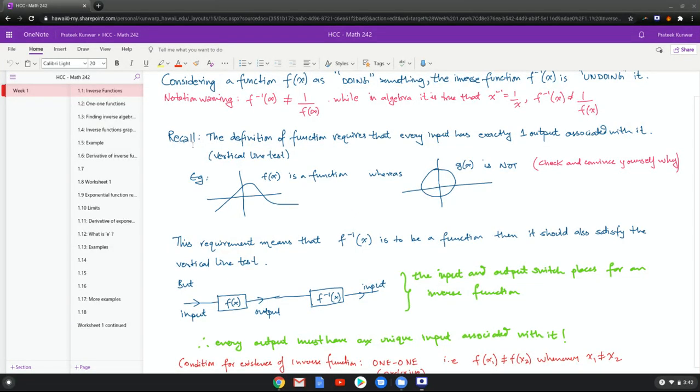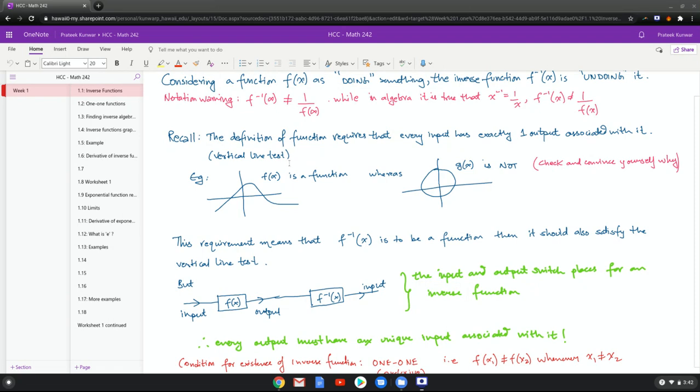And also recall from the definition of function that for something to be a function and not a relation, you need that every input has exactly one output associated with it. You may have learned about it being called the vertical line test. The reason behind that is because we are trying to use functions to model things that we use in our daily life, so we don't want things to be ambiguous.